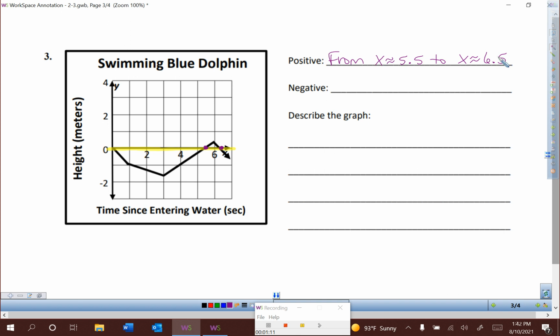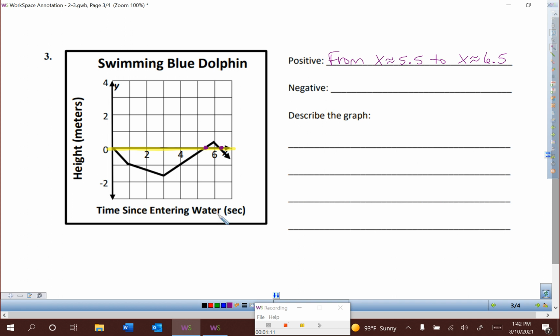So then the rest of my graph from 0 up to 5.5 is negative, and then from 6.5 on is negative. And we had kind of talked about this last time with decreasing, that we just say that x is greater than 6.5, because we don't know if it ends on 7, we're not exactly sure where it ends.